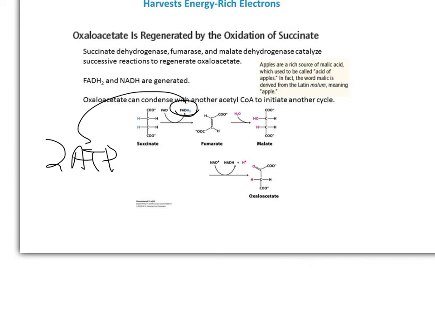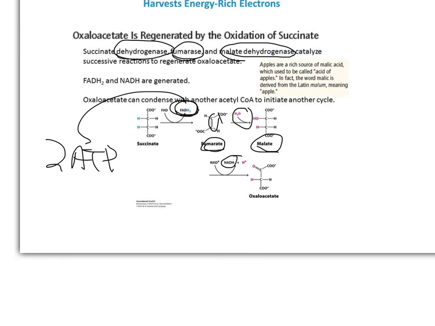And then the next reaction is fumarase. You go from fumarate to malate, and you can see that it's adding water across that double bond. So it's hydrating that bond. That's what fumarase does. And then malate dehydrogenase. Listen, every time you hear the word dehydrogenase, it's a good indication that that step is going to involve either the production of FADH2 or NADH.